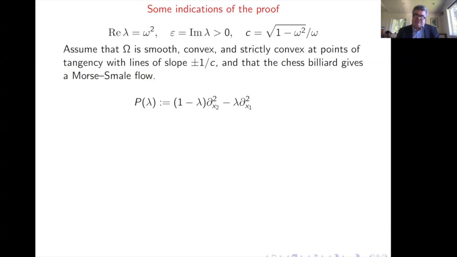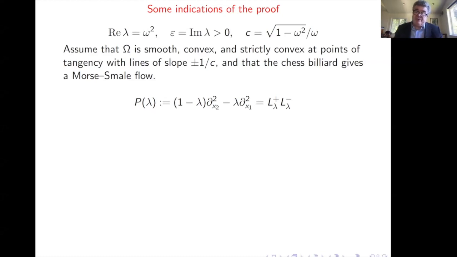And this was the operator to study. For lambda with epsilon positive, that is, with non-zero imaginary part, this is an elliptic operator, and it has a very easy factorization. I'm not going to write it, but you can imagine what it is. When epsilon is positive, this is an elliptic operator.